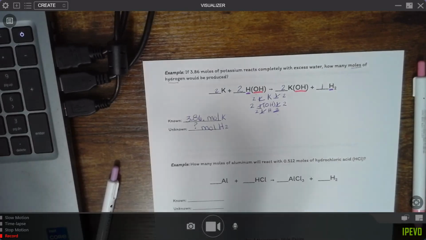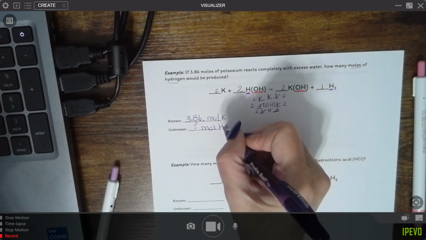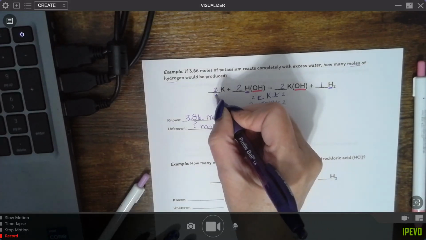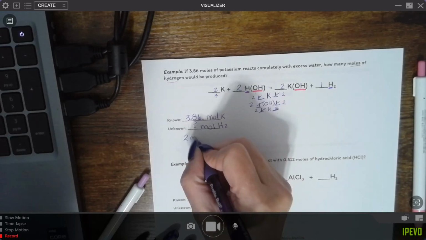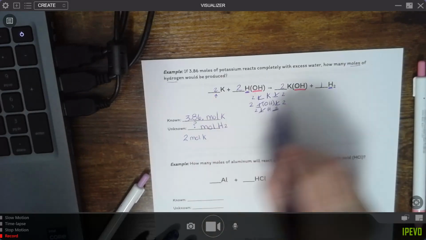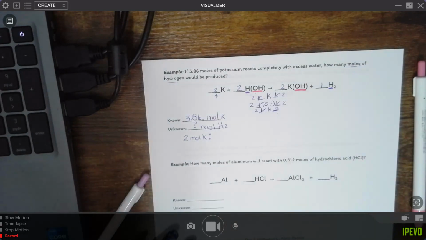Now, what I would do is look at your mole ratio first. So we're looking for the mole ratio of potassium to hydrogen. In other words, if you look at your coefficients, for every 2 moles of potassium, we would produce 1 mole of H2. This is a little way you do ratios.